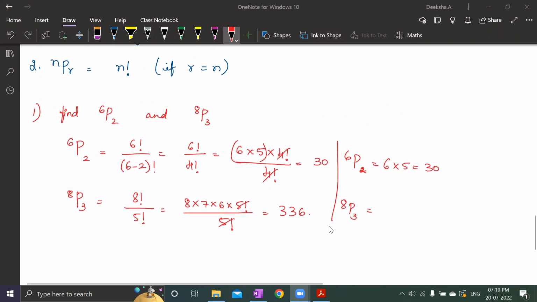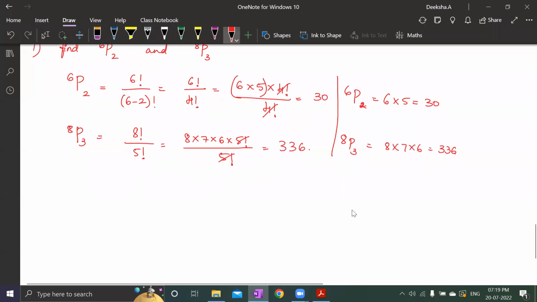Okay. So 8P3, r value is 3, right? So write 3 numbers from 8 in the decreasing order: 8 into 7 into 6. So you don't have to substitute the formula and simplify. Whatever is the r value, that many numbers you write from n.